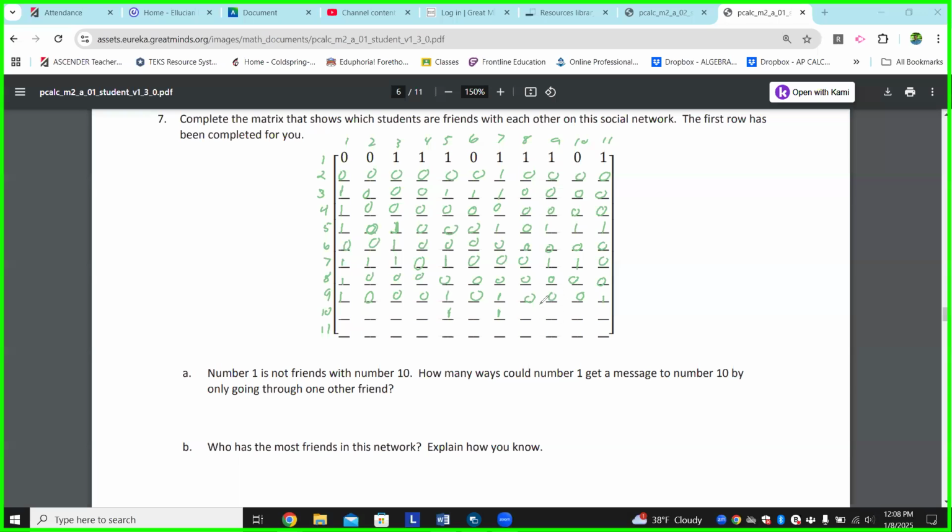There's 5. There we go. Does that make more sense? All right. So then again, 10 looks like he's only friends with 7 and 5. And then 11 is friends with 5, 9 and 1.